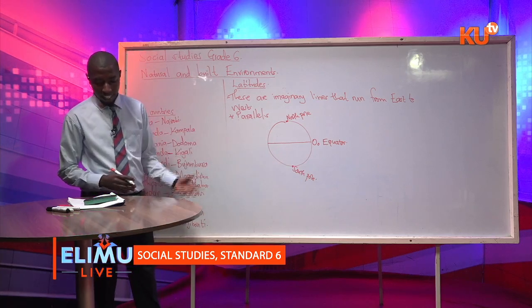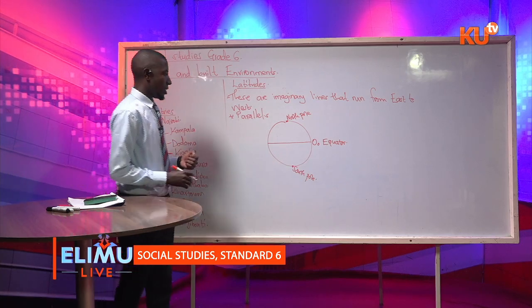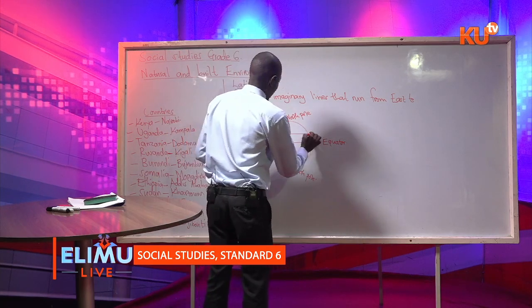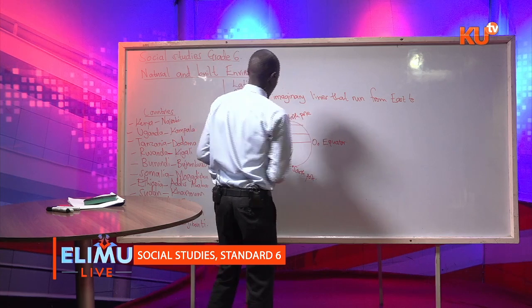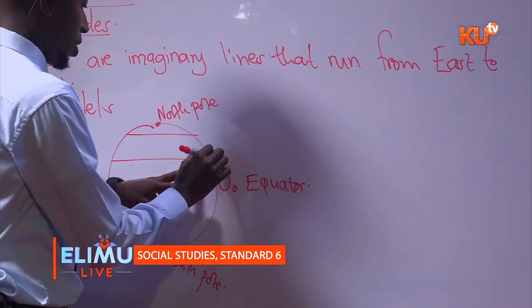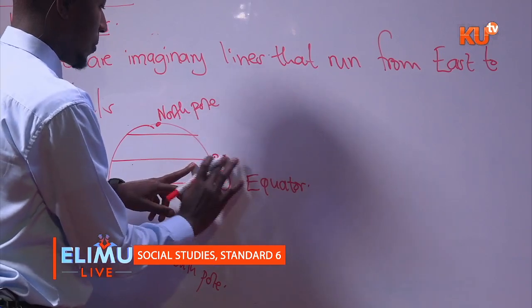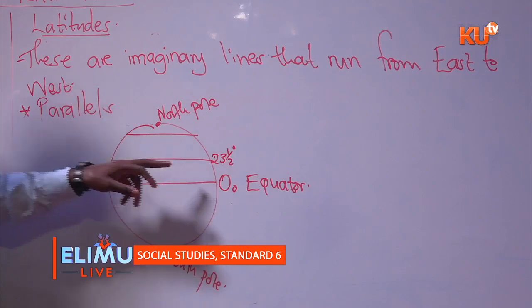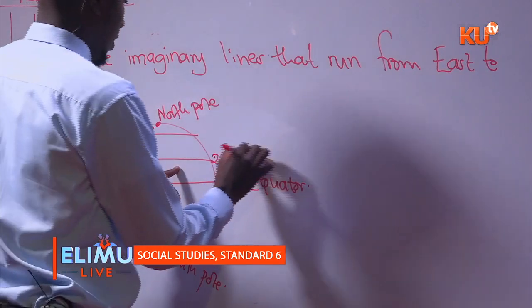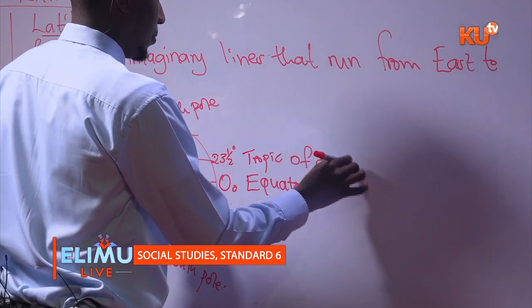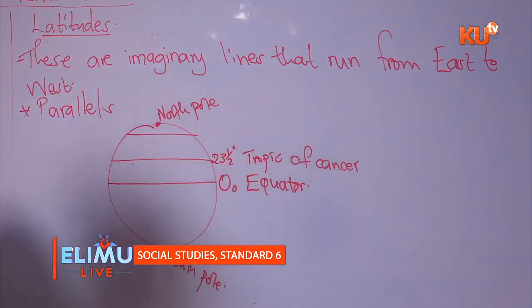Then we have other lines of latitude, the main ones, and I'm going to mention them to you. So this one is a tropic. It's at 23 and a half degrees, and it is called Tropic of Cancer.